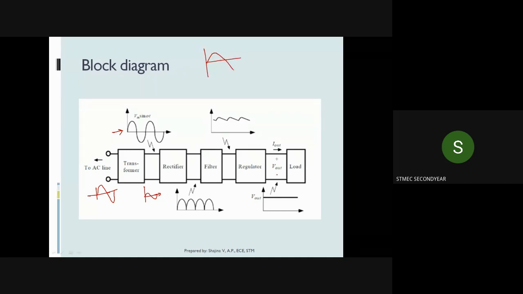At the output you have to get a constant DC voltage, for example 5 volt. From this 230 volt, I have to make a 5 volt DC voltage. So first the transformer converts the signal into a low voltage AC signal, approximately this 5 volt value.